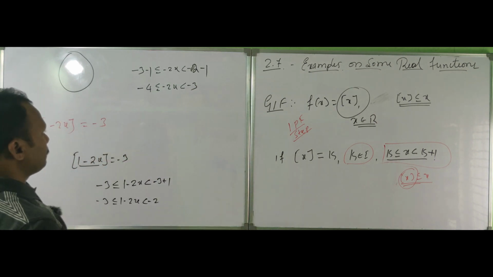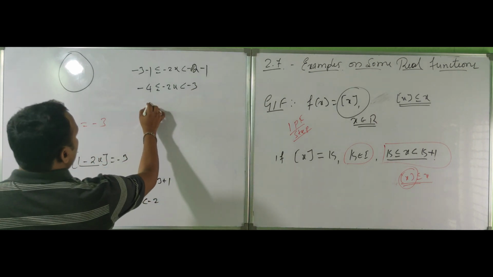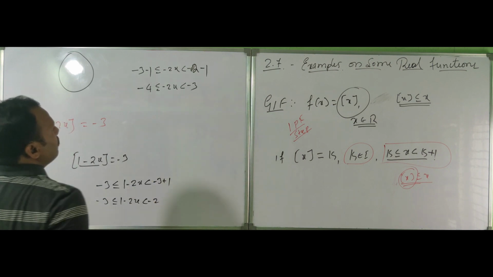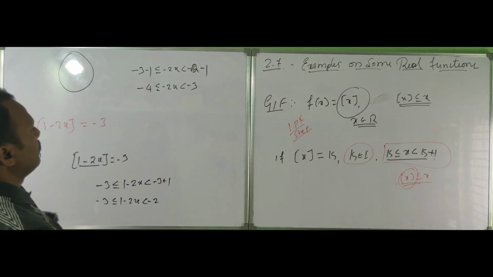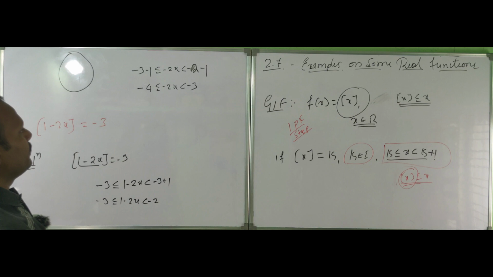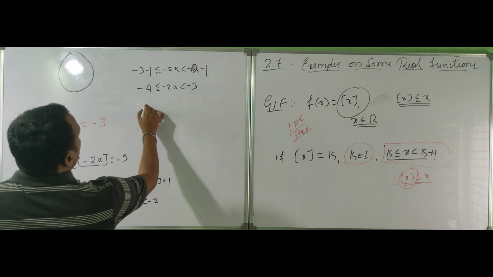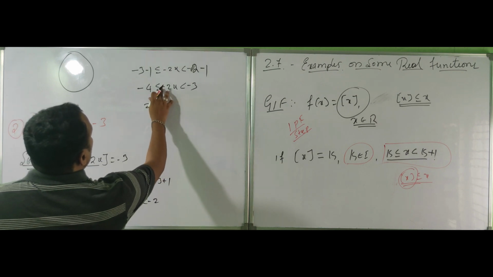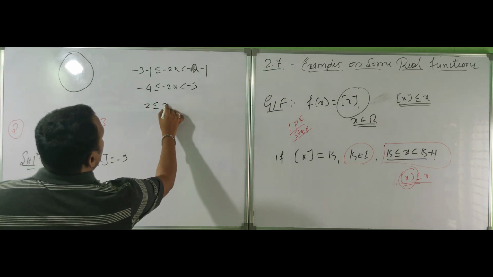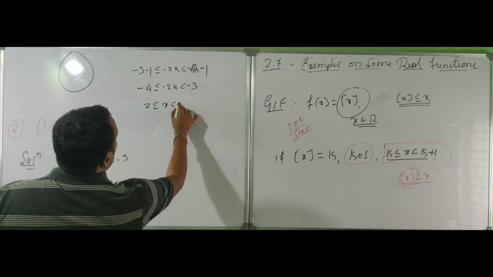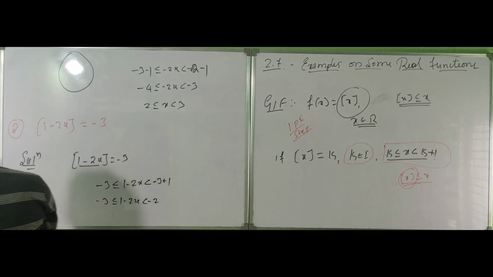Now multiply by the negative number and rearrange the terms. This becomes 3 divided by 2 less than x, less than or equal to 2.